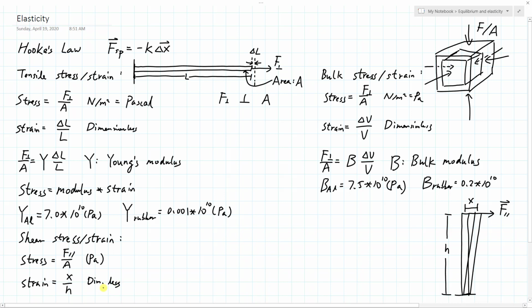Dimensionless. And to relate them, we have stress equals modulus times strain. So stress equals shear modulus times strain.